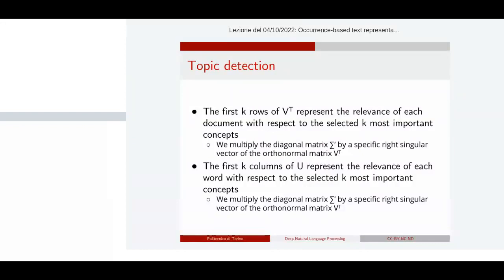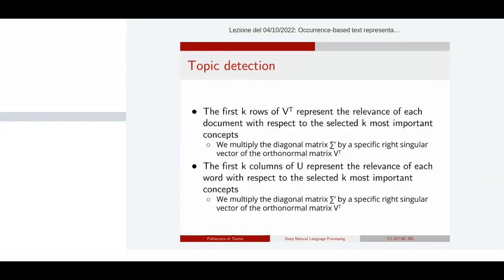Okay? And what can be seen here, if you look at the top K rows, K is the number of topics I have selected, which corresponds to the number of eigenvalues. If I look at, for example, the first row, I know the importance of a given document for that particular topic.